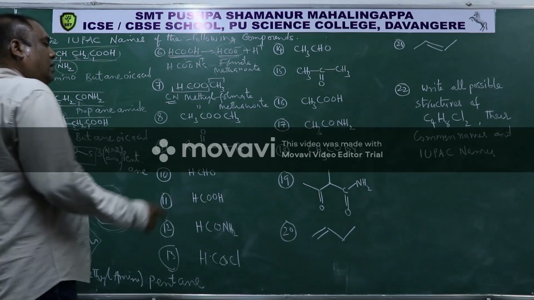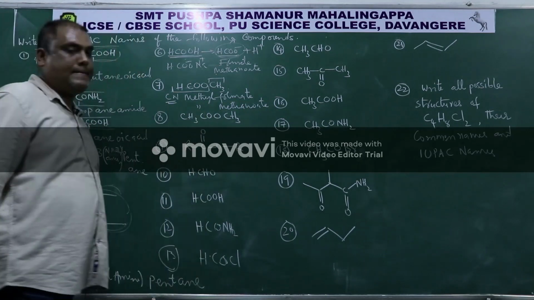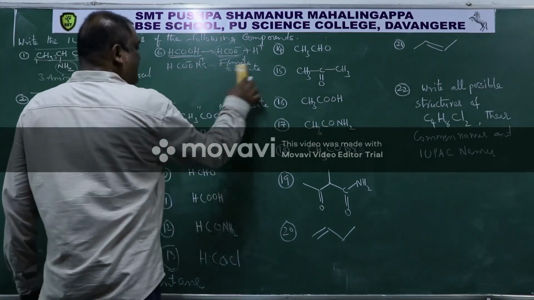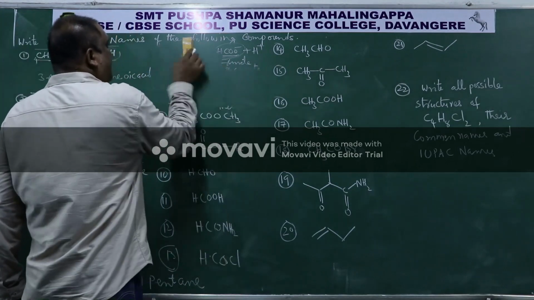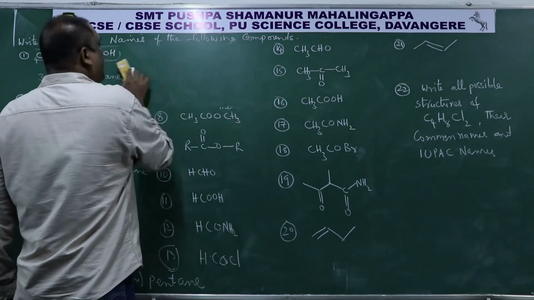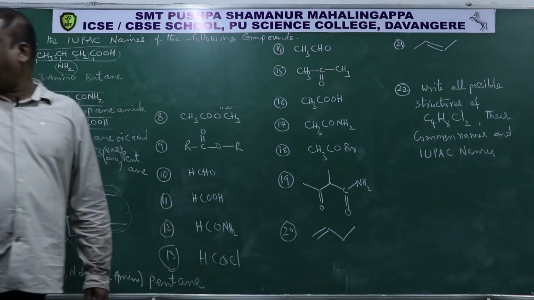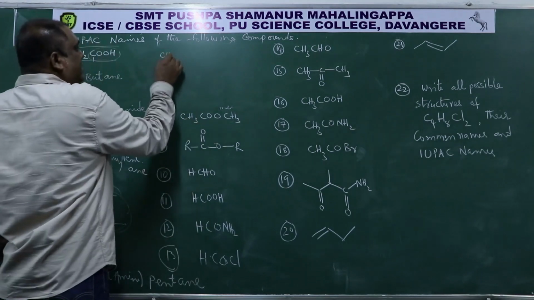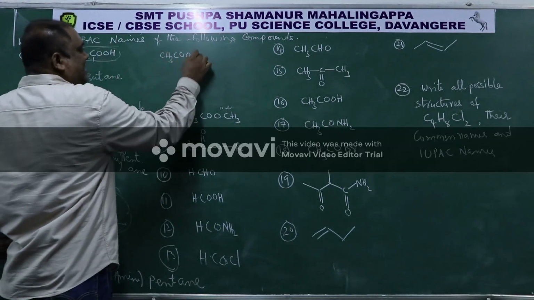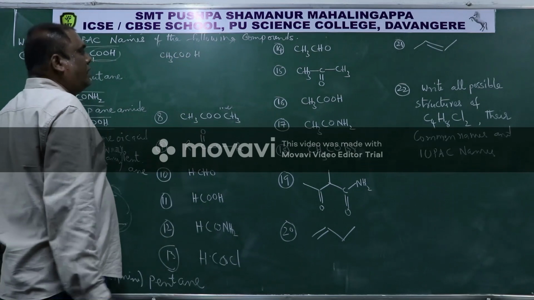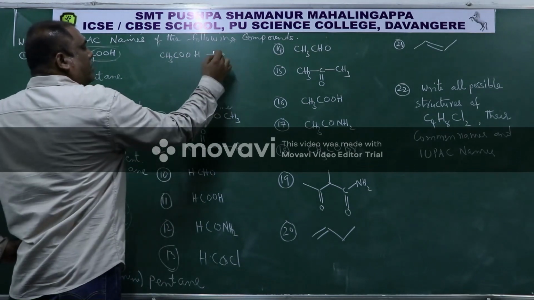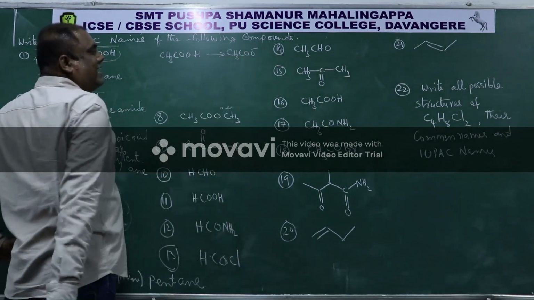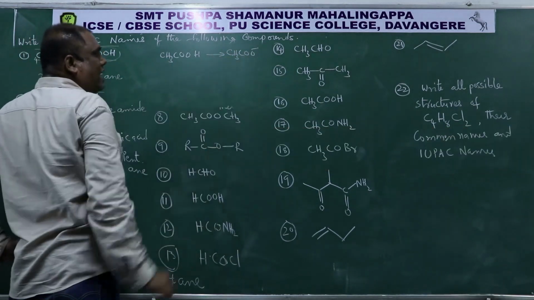Now let us see this. CH3COOH is acetic acid. Therefore its anion is CH3COO minus, the acetate ion. So acetic acid and acetate ion are common names.